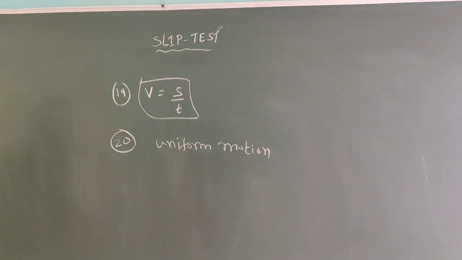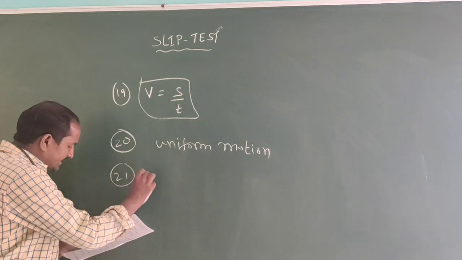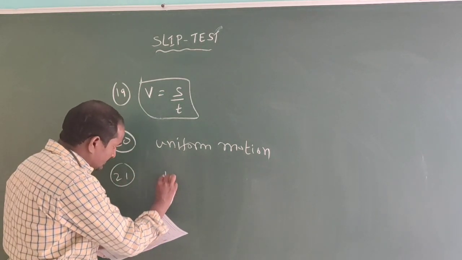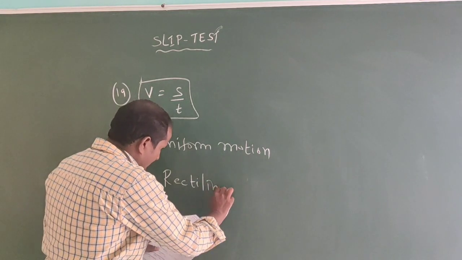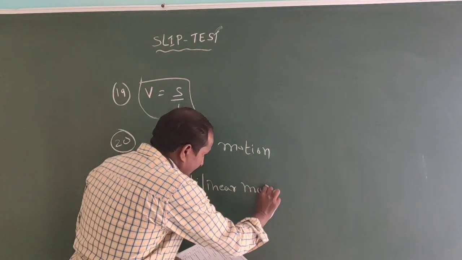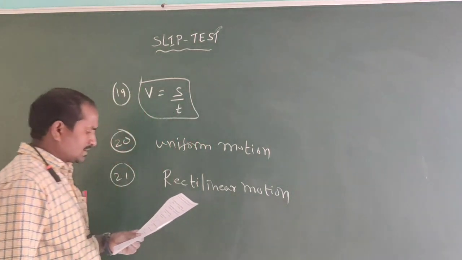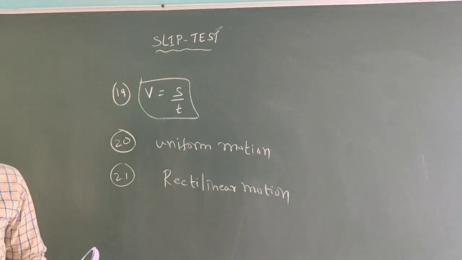Next one, 21st. If the translated motion moves along a straight line, it is called a rectilinear motion. The motion shows the figure. Diagram is given now.